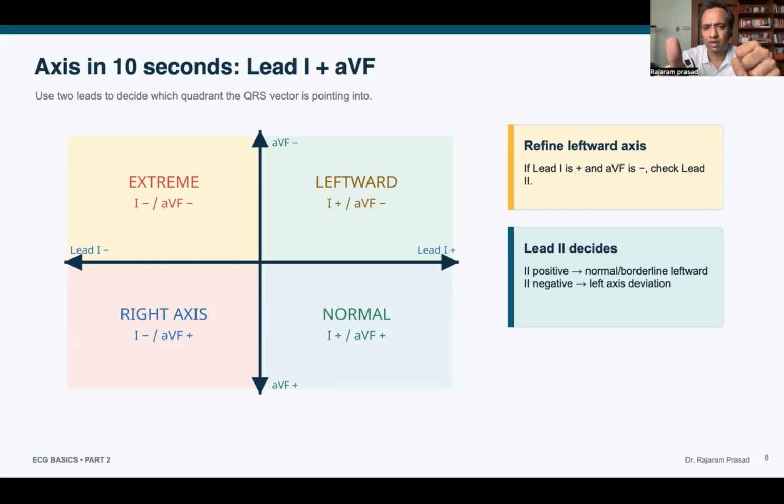If lead 1 is positive and aVF is negative, it's a leftward axis. If both are negative, it is an extreme axis. This is more than enough to understand the axis.